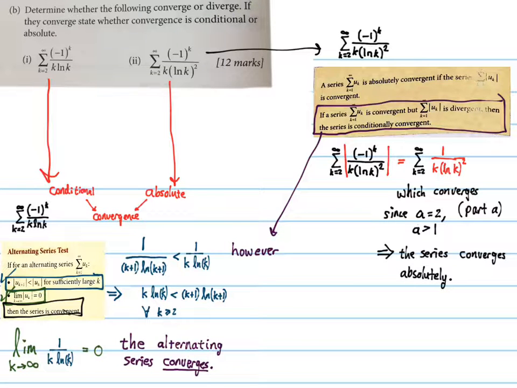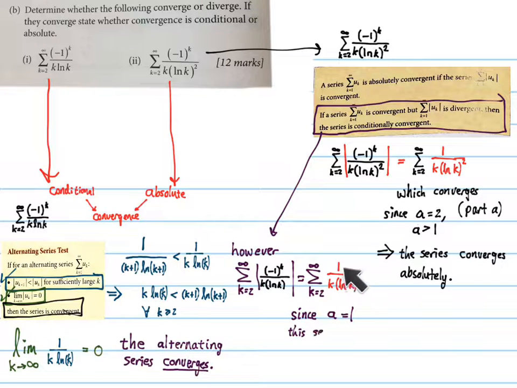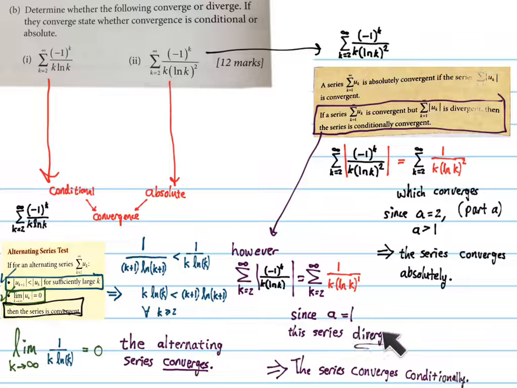However, I'll actually write it out and then talk about it. If I look at the absolute value of this particular series, it becomes the series that we looked at or explored in part A, where A equals 1, which gives you a divergent series.